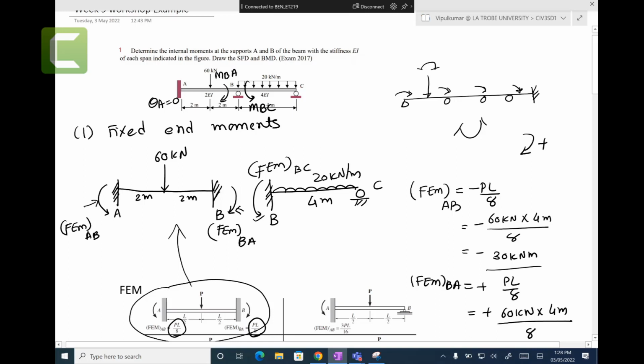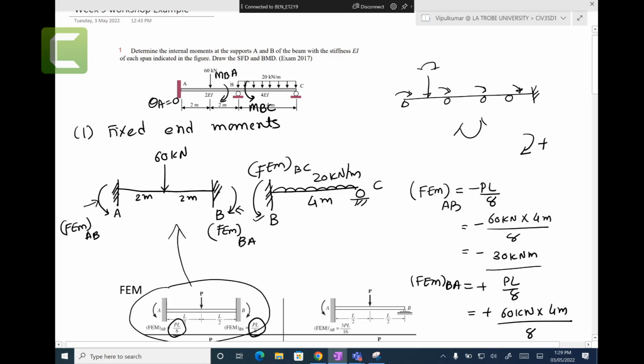So it has one free degree of freedom, which is rotation. So this beam has a kinematic indeterminacy of 1. Therefore we have one equilibrium equation, and that comes from joint B being in equilibrium.